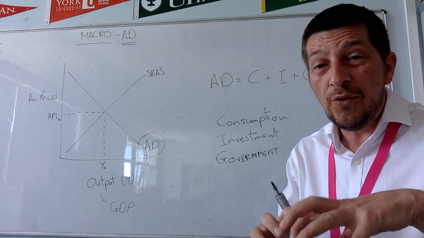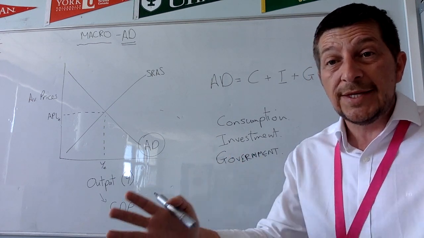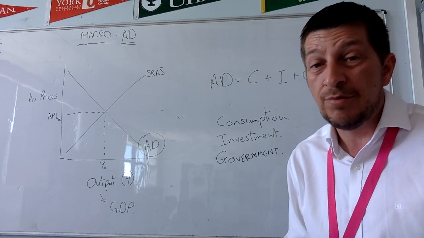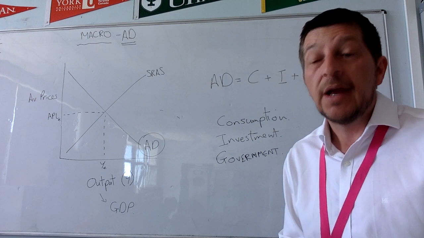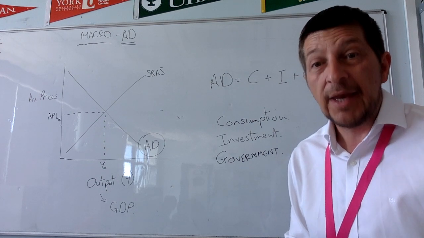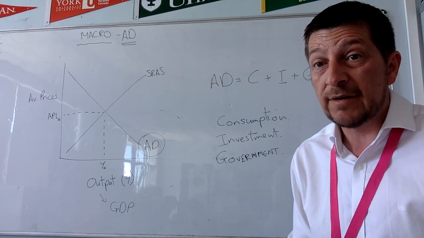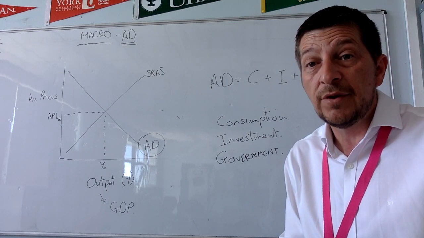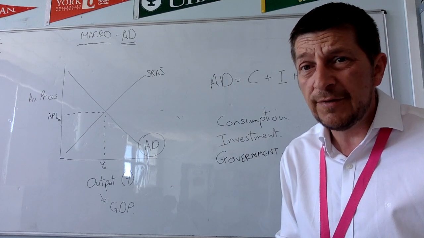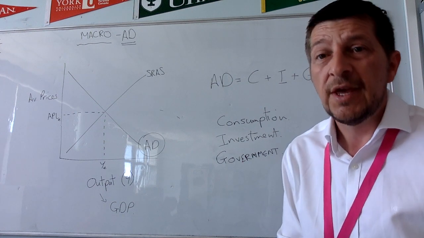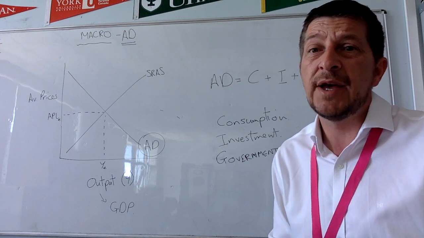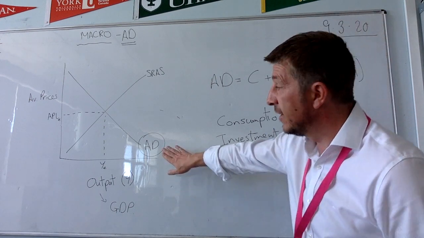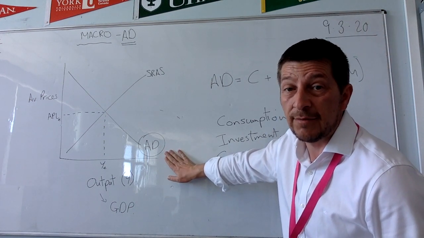This is all the money that the government spends in the economy when it is employing people or investing in new projects. The public sector makes up quite a big part of aggregate demand. So be aware that if you've got a government that follows a certain political view, it might invest more. If it follows a different political view, it might invest less. But that will have a direct impact on the aggregate demand level in the economy.